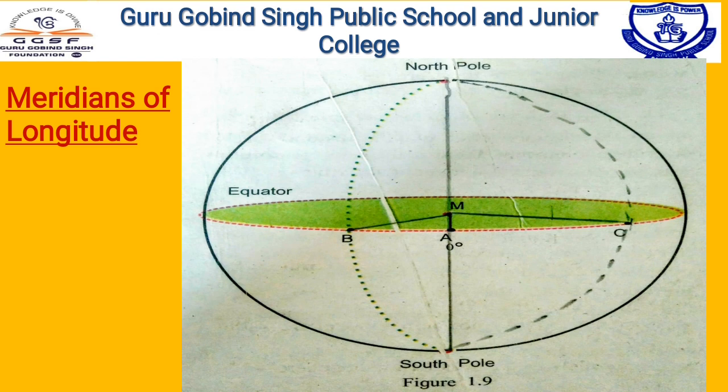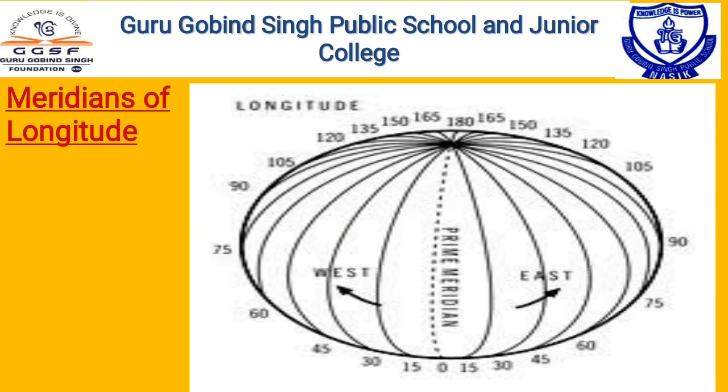These semicircles are known as meridians of longitude. Now in this picture also you can see several semicircles have been drawn. They are all known as meridians of longitude.